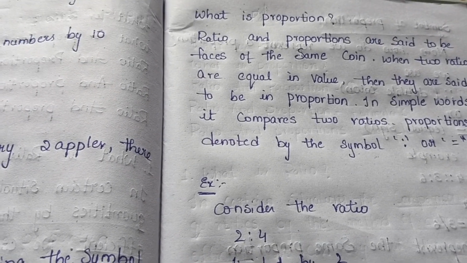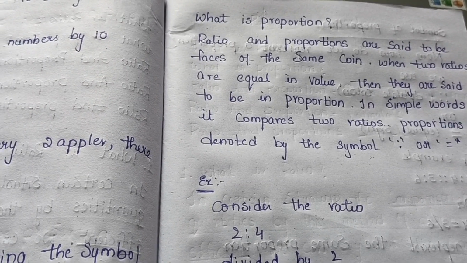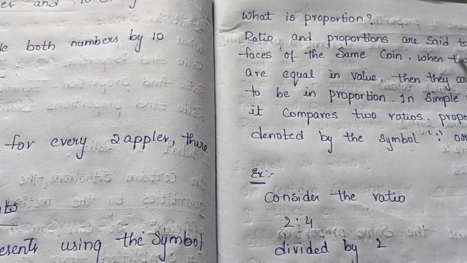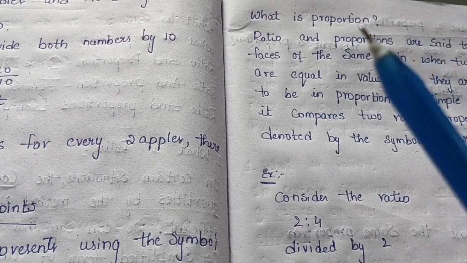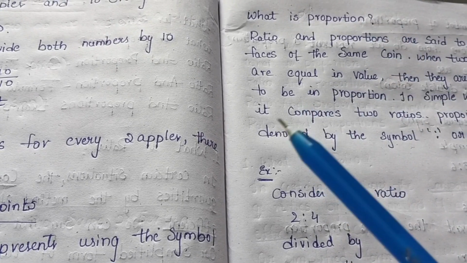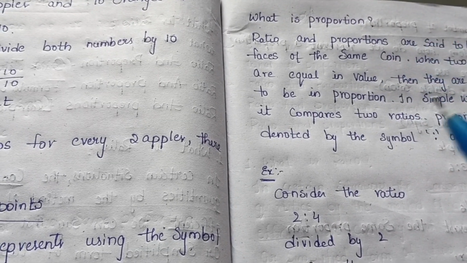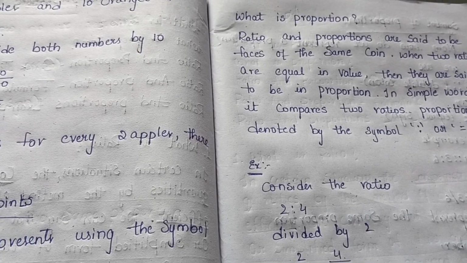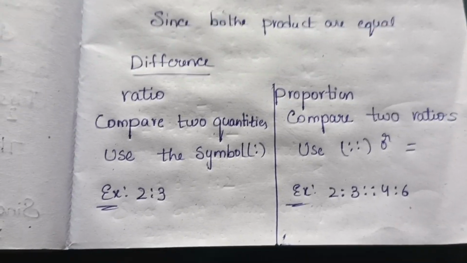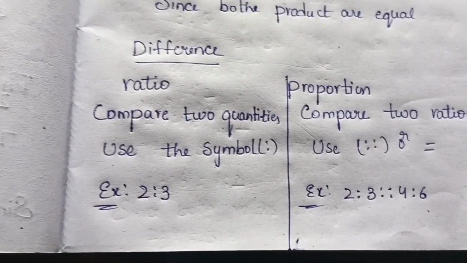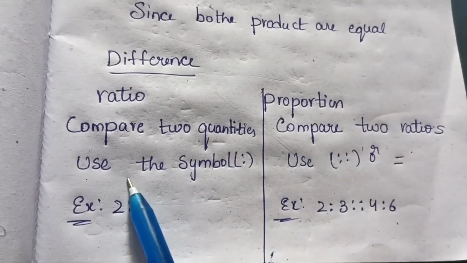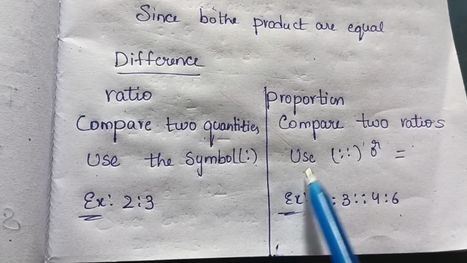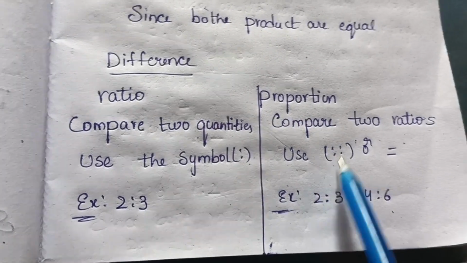Now the difference between ratio and proportion. A ratio compares two quantities, and a proportion compares two ratios. A ratio uses the colon symbol, and a proportion uses the double colon or equal sign.